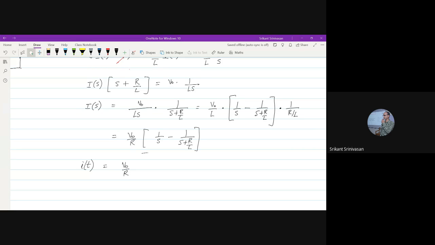And now we have to write the inverse Laplace transform. So what is the inverse Laplace transform of 1 over s?